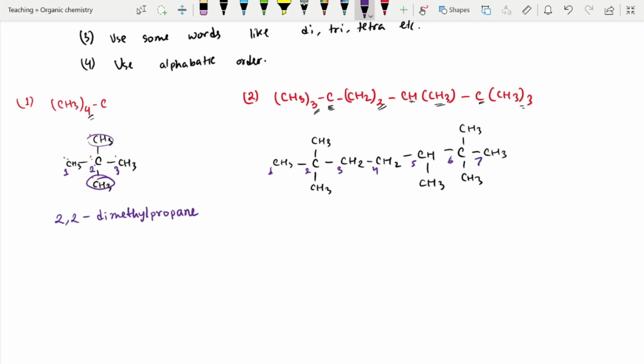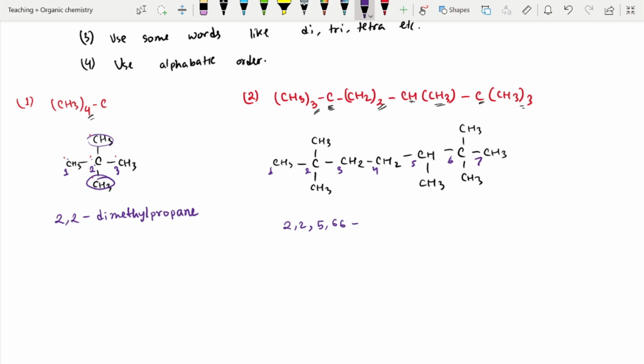Now there are two methyls in number 2 carbon, so 2, 2, because there are two methyls. Then in number 5 carbon we have one methyl, so 5, and in number 6 carbon we have another two methyls, so 6, 6, right?